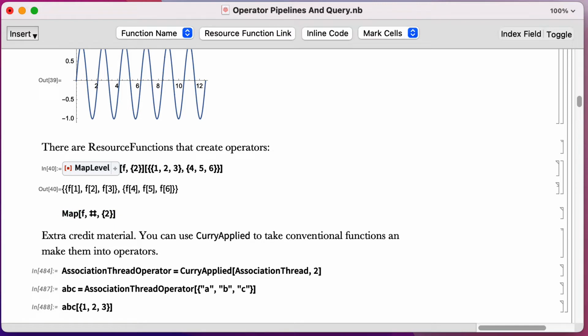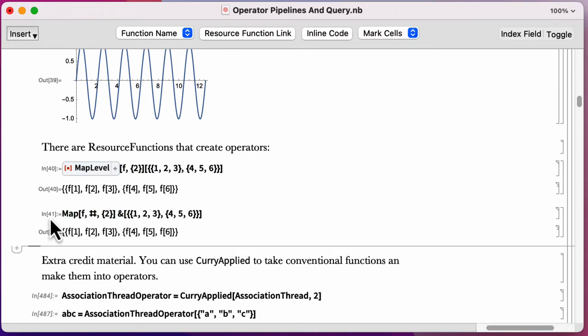Not oomph, I really should say pound, and then I'll just copy this material down. It's the same code, but instead of having this arguably ugly pound sign and an ampersand that's a little confusing, this is just telling you, look, take Map f at level 2 of whatever you see next. Okay?